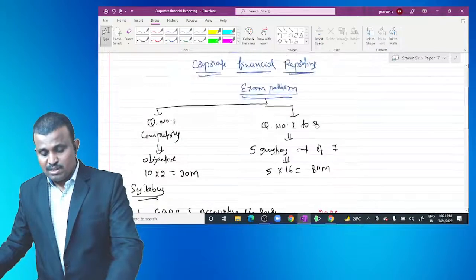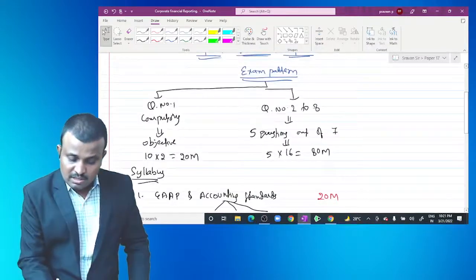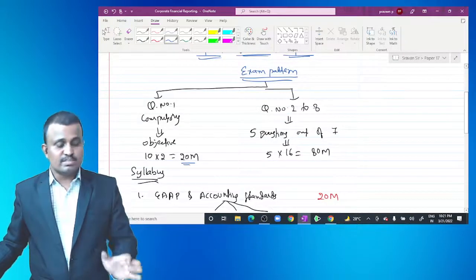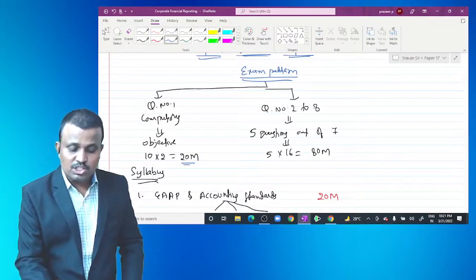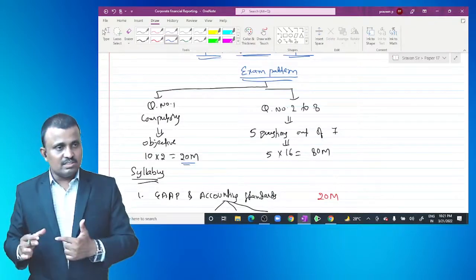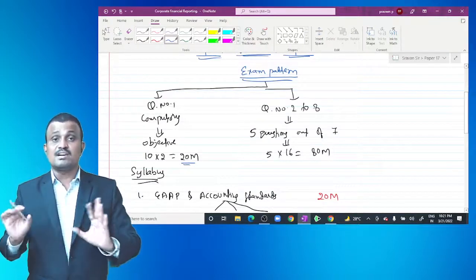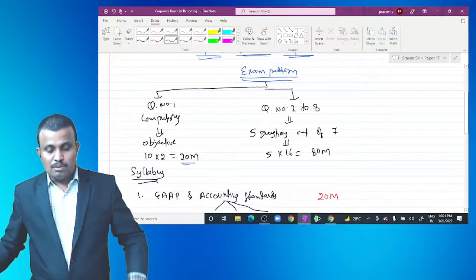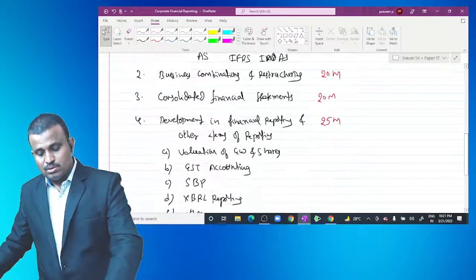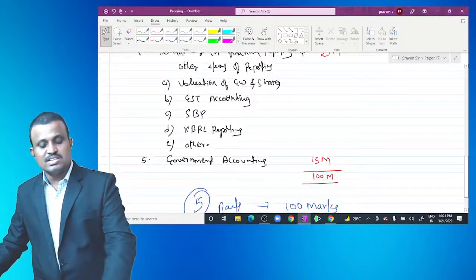For example, the first question has 20 marks. 20 into 1.8 means 36, so we have to complete question number 1 within 36 minutes. If you prepare in that way, then you can attempt the 100 marks easily. So plan accordingly and study well based on that plan.